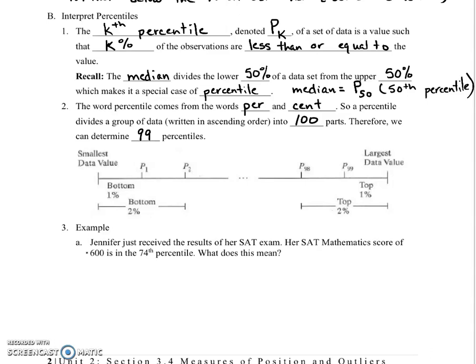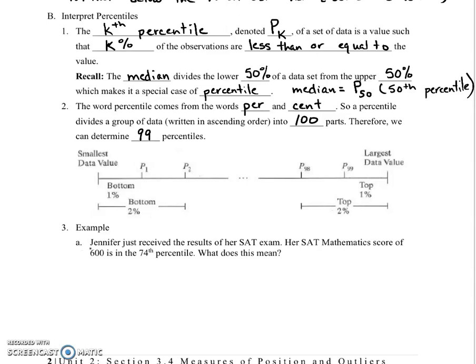So Jennifer received the result of her SAT exam. Her mathematics score of 600 was in the 74th percentile. What does that mean?